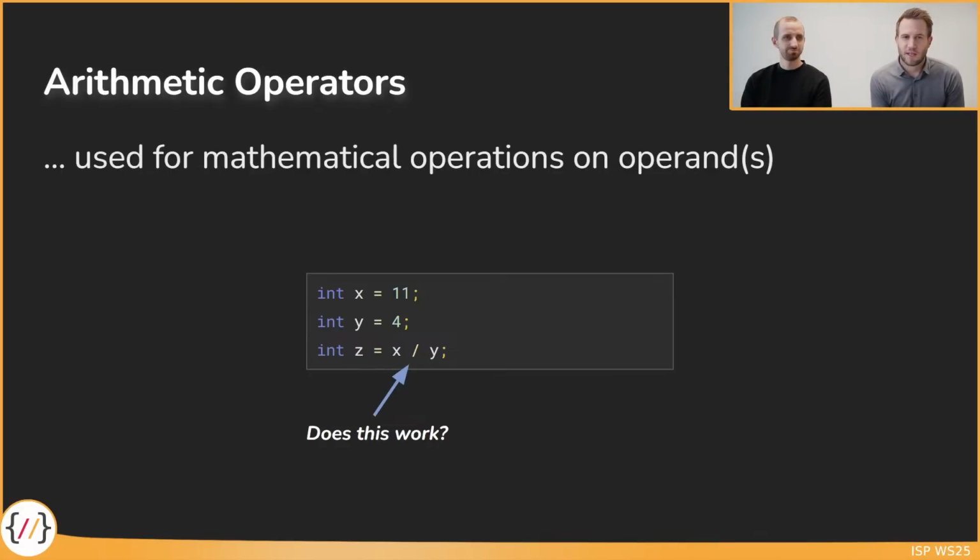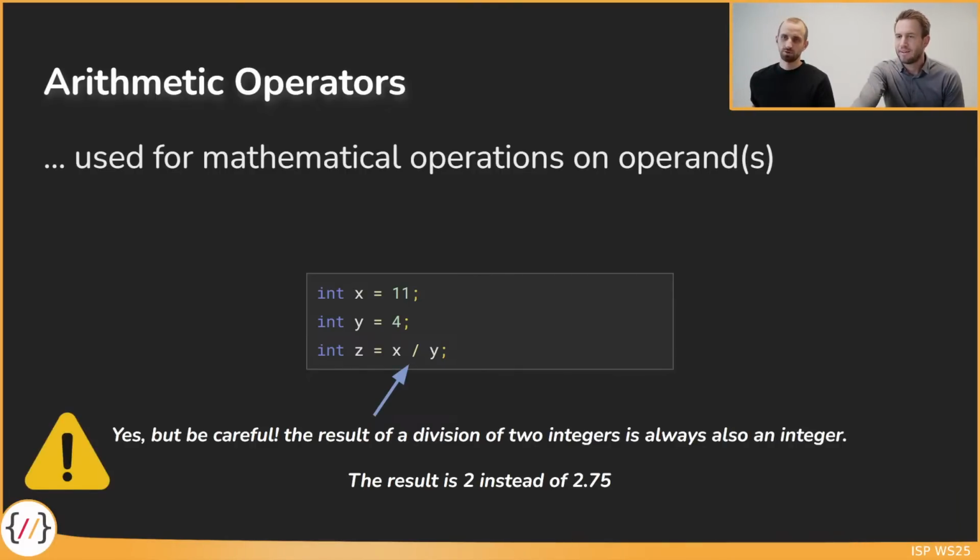Some say that the answer is 2, some say that this doesn't work, some say yes, but the result is rounded. So let's have a look at it. It works, so the compiler does this operation for us, but we have to be careful because the left and the right operand of this operation, in this case x and y, are both integer variables, meaning that we divide integer by integer, and then the result is also always an integer.